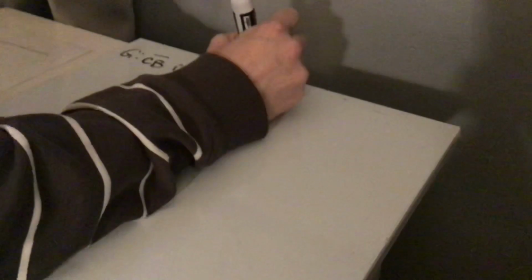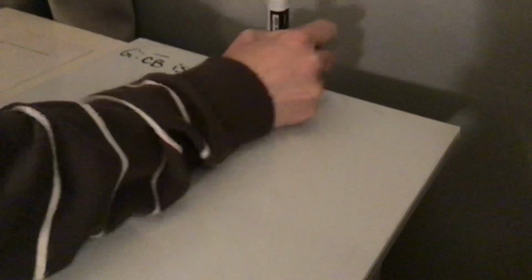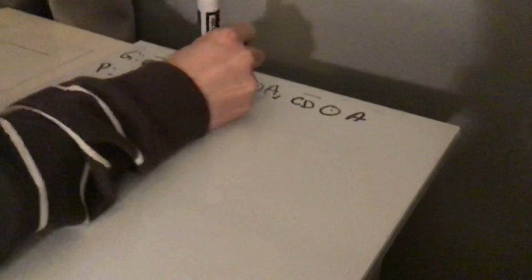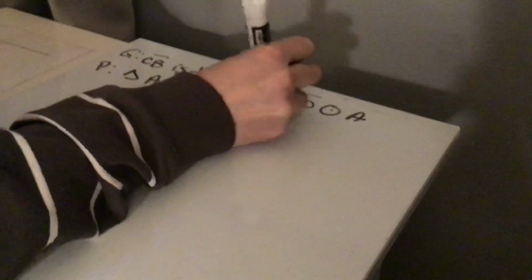So we're told, that's our given, that CB is tangent to circle A at point B, and CD is tangent to circle A at point D. Guess what we're doing? We're proving two triangles are congruent. Triangle ABC is congruent to triangle ADC.